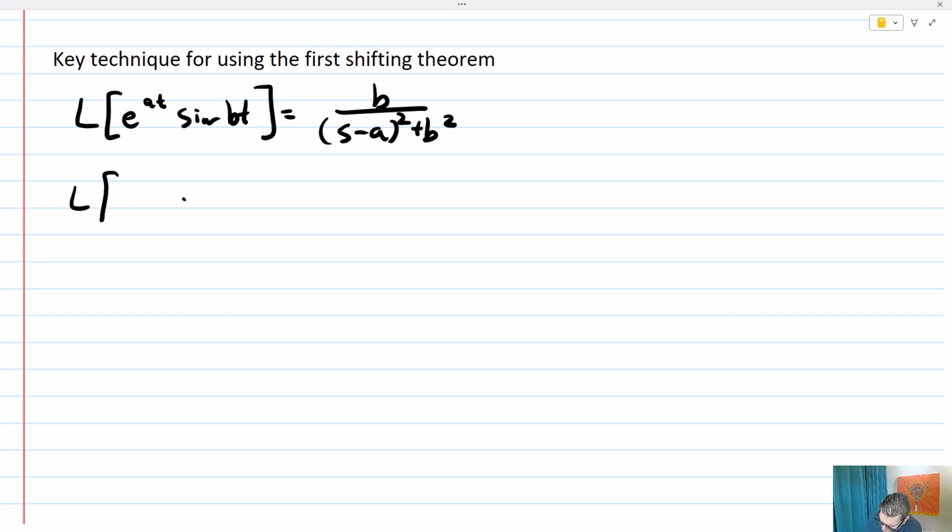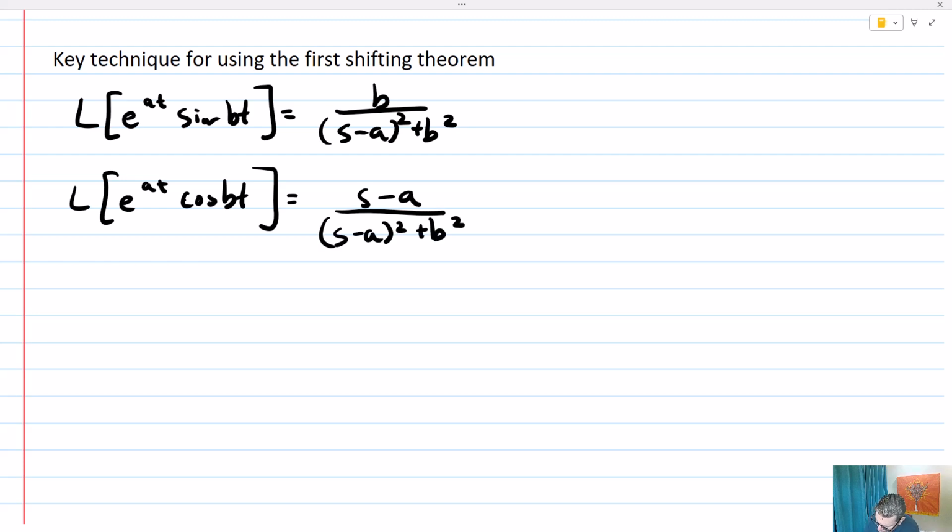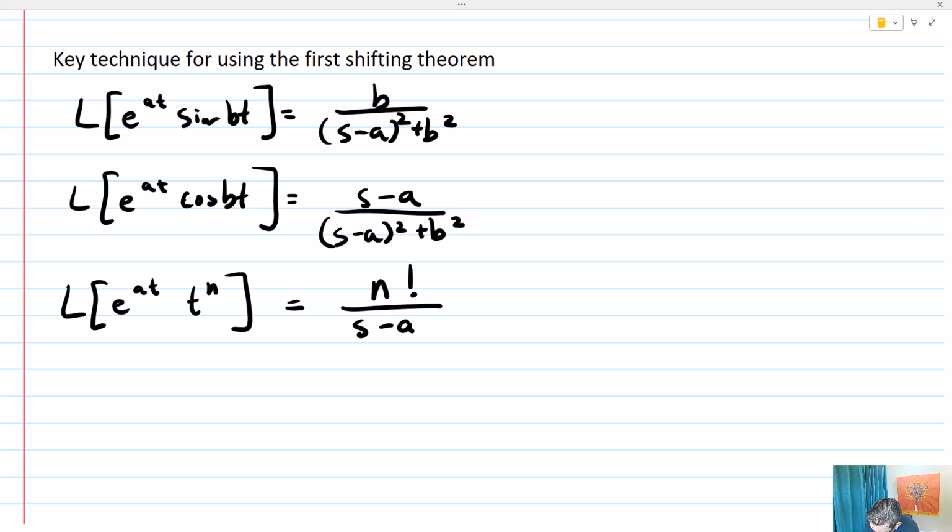The Laplace transform of e to the at cosine bt is then going to equal s minus a, because we'll plug in the a, over s minus a squared plus b squared. And the Laplace transform of e to the at times t to the n is going to end up equaling n factorial over s minus a to the n plus 1.